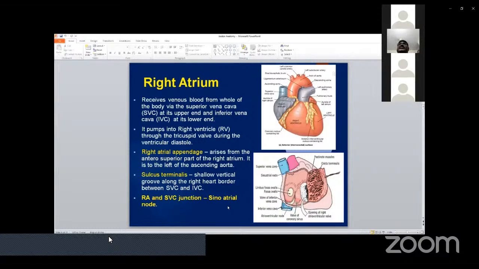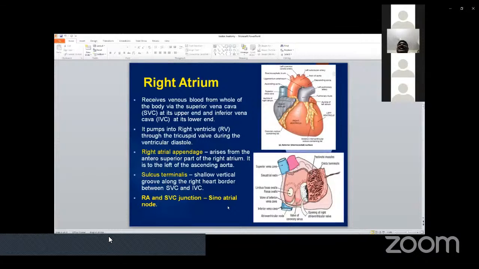Just above the right atrium, you can see the superior vena cava. At the center top, you can see the left common carotid artery, then the descending aorta and the left pulmonary artery.